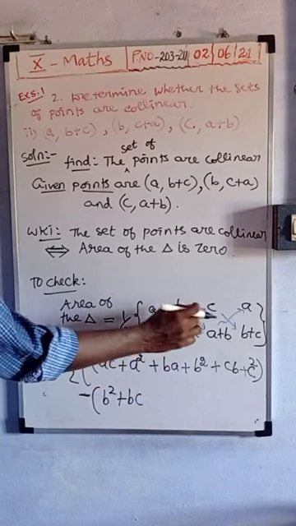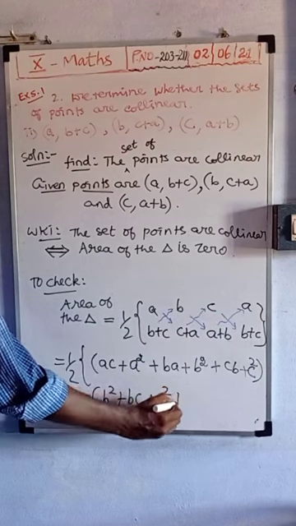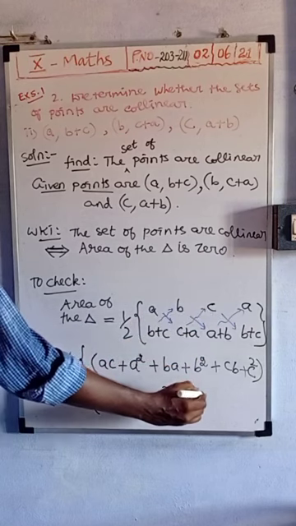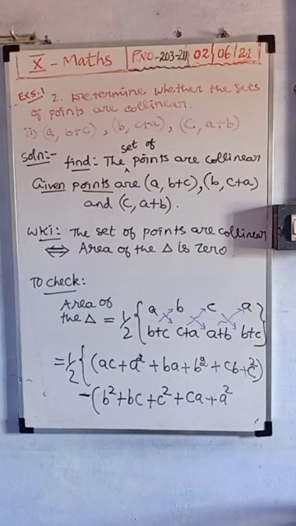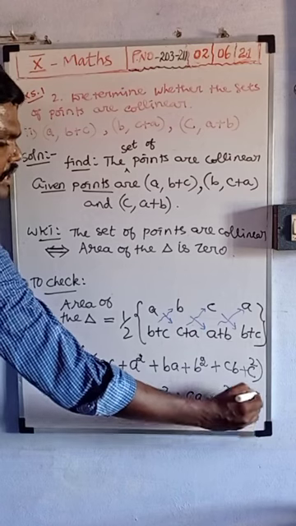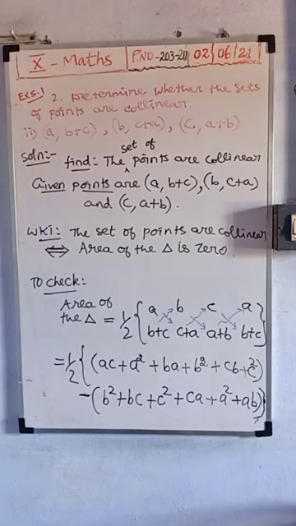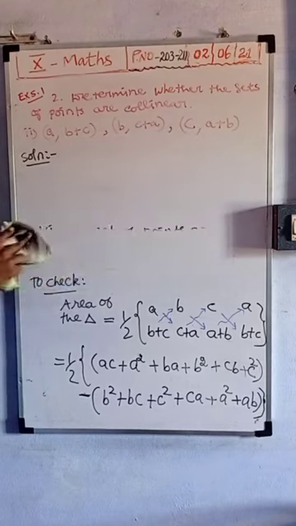Next, C into C, C squared, plus C into A, CA, plus CA. Next, A into A, A squared, plus A into B, AB, plus AB. So close the bracket, again one more bracket to close. After that you simplify, we will get the answer.